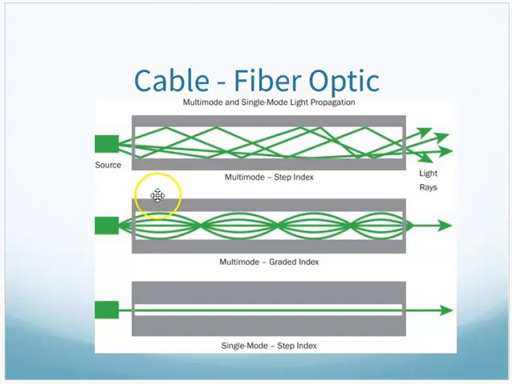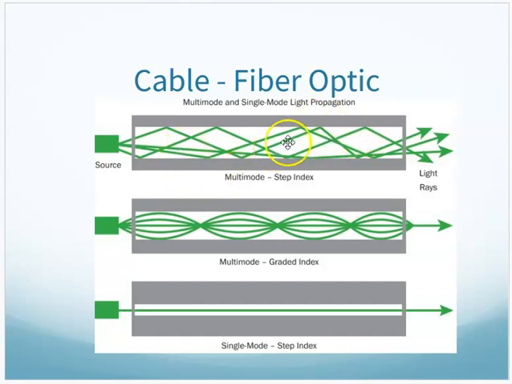If I look at multi-mode fiber, there's a larger core, either a 62.5 core up here or a 50 core here. Now the light source is typically LED based, and it's going to emit multiple rays of light, hence multiple modes. Multiple rays of light are going to get passed down the fiber to represent your data.